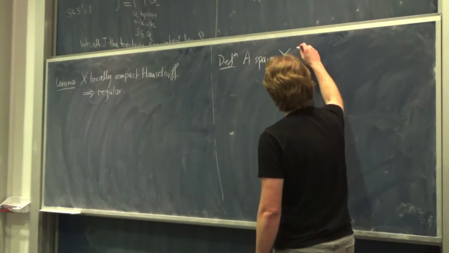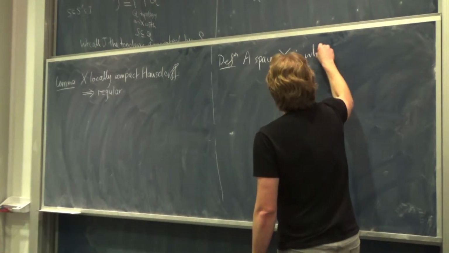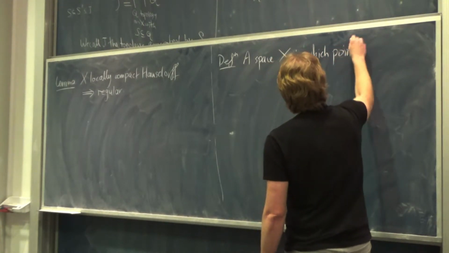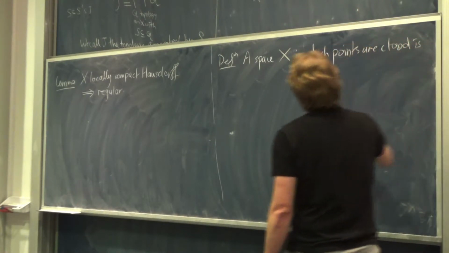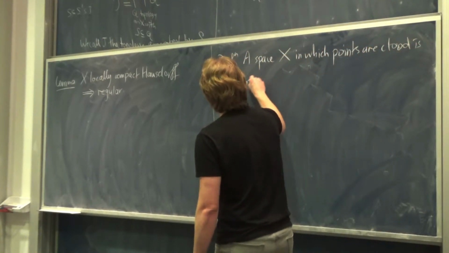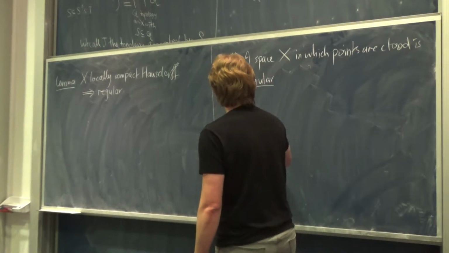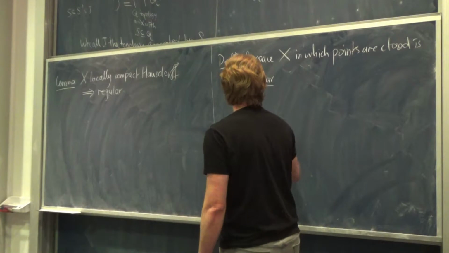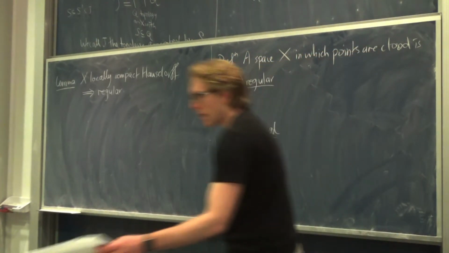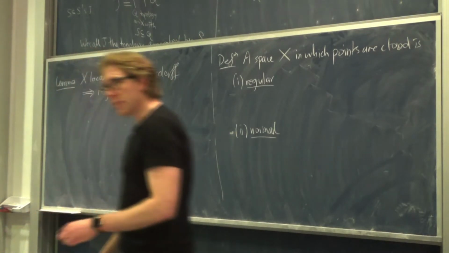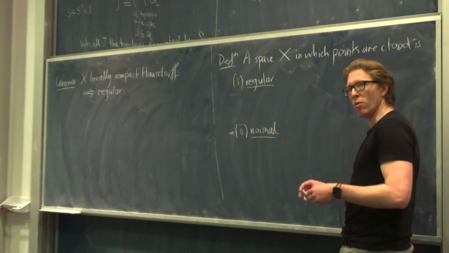So a space X in which all points are closed is, there are two definitions, regular and normal. It's regular if points can be separated from closed sets, and normal if closed sets can be separated from all other closed sets.